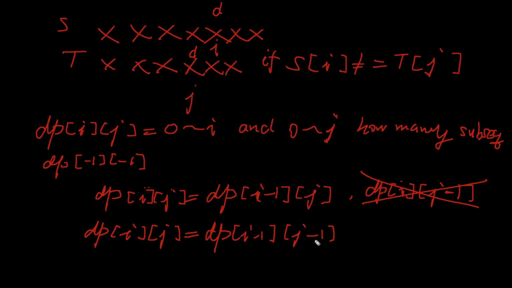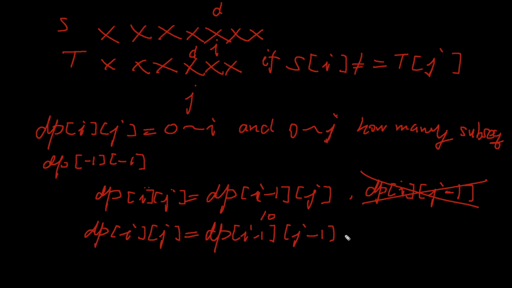So dp i minus 1 j minus 1 means that from 0 to i minus 1 and from 0 to j minus 1, let's say we have 10 different subsequences. And since i and j are the same, by adding i and j to the end of this previous state, we can still be sure dp i j has 10 different subsequences. But that's not all.